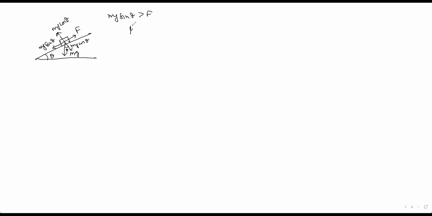And we know that mu, the coefficient of friction, is always the frictional force divided by the reaction force, F by R. So what have they given in the problem? They have given the acceleration.